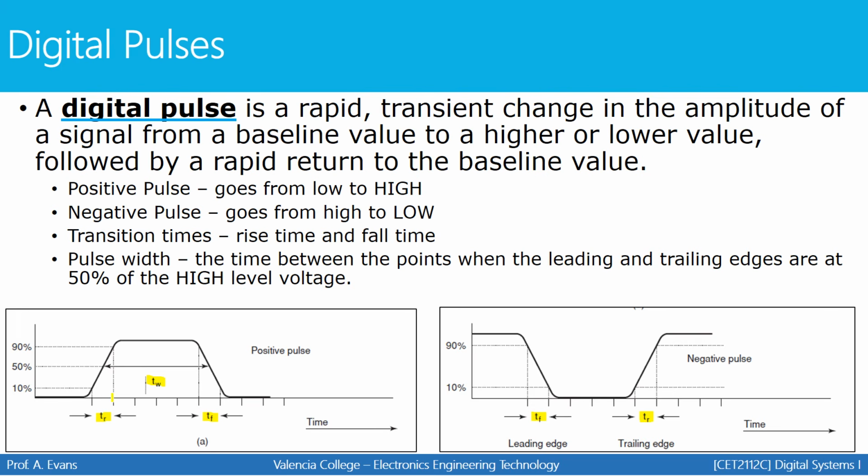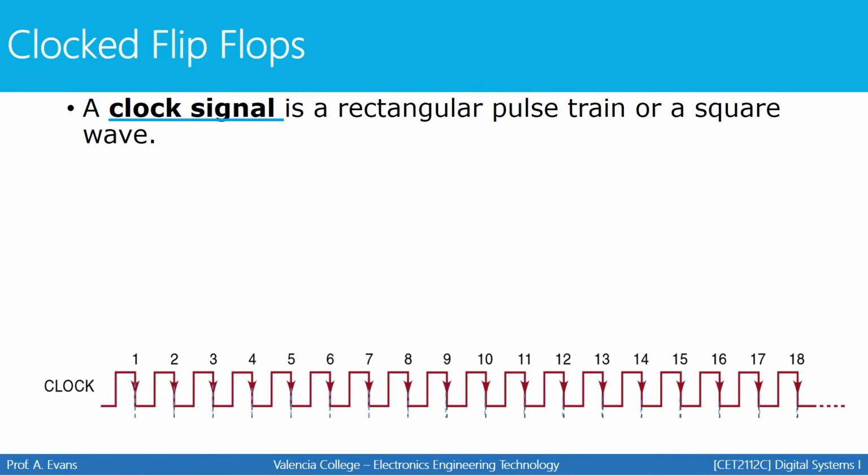So you can see here, the pulse width is defined as the time it takes to go from when the leading and trailing edges are at 50% of the high voltage. So the pulse width is approximately the time it takes to go from here to here. These are some of the values that we might use when analyzing a pulse or creating a pulse.